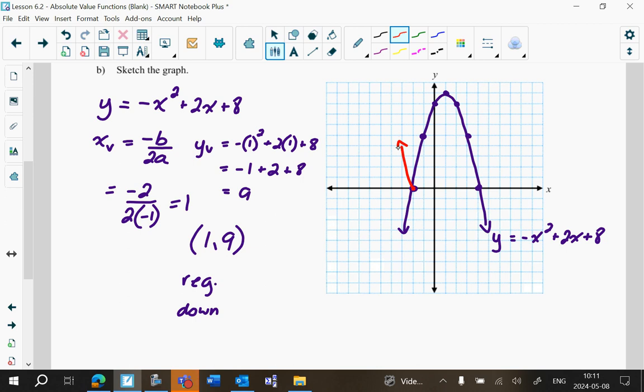So it flips above in 2 places. Everything above stays above. So the absolute value graph is a little funky looking. It's part of the parabola, but then when it goes below, it flips above. So it almost looks like a little hat.